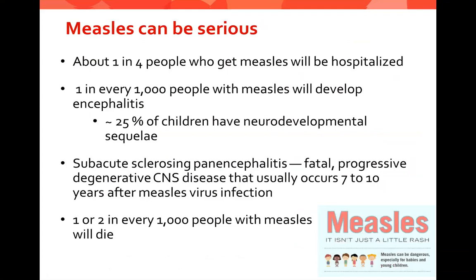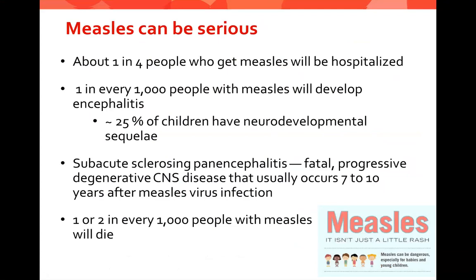I just wanted to put in one quick slide about this serious nature of measles, because we often get questions about this from our patients and their families. About 1 in 4 people who get measles will be hospitalized, and about 1 in every 1,000 people with measles will develop encephalitis. About 25% of those children will have neurodevelopmental sequelae.